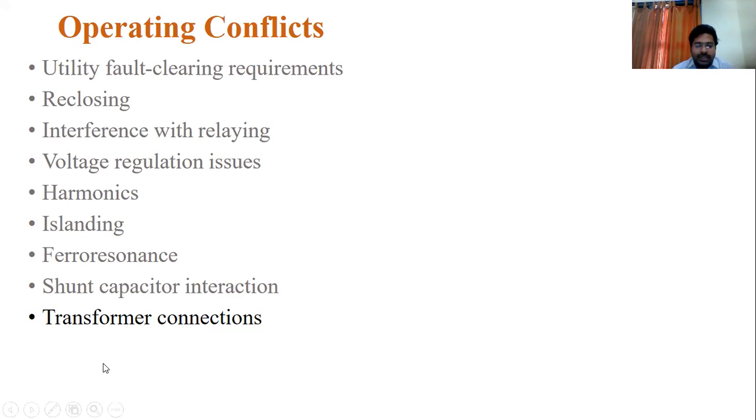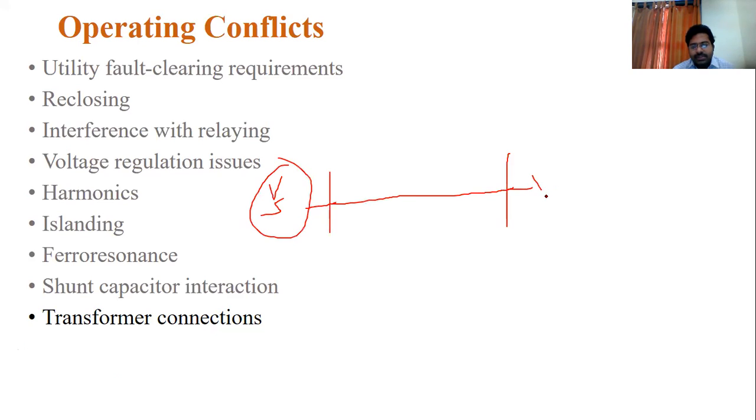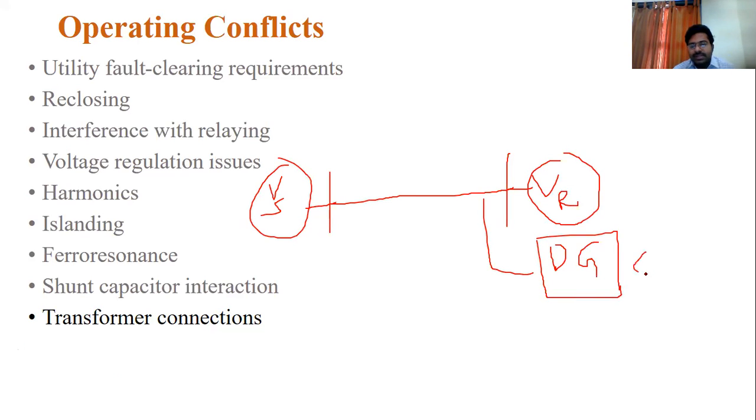Whether you connect our... this is the sending end side, some transformers, some bus bar, whatever it may be. This is the receiving side. We connect this DG here on the distribution side. That's why we can call it distributed generation. If the range is less than 10 megawatt, then only we can call it a distributed generating plant.